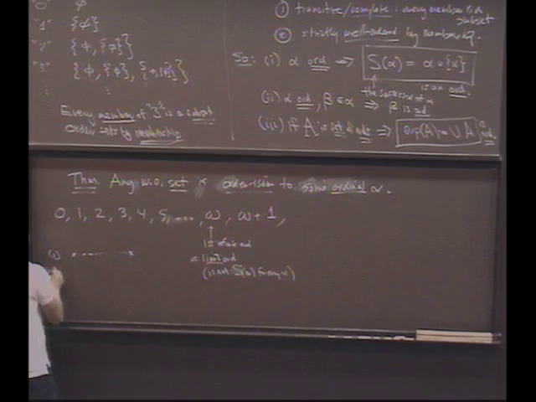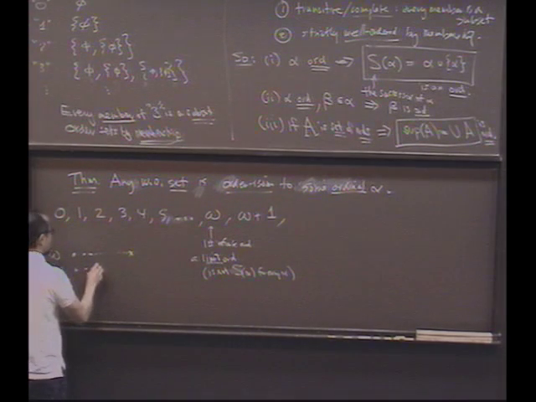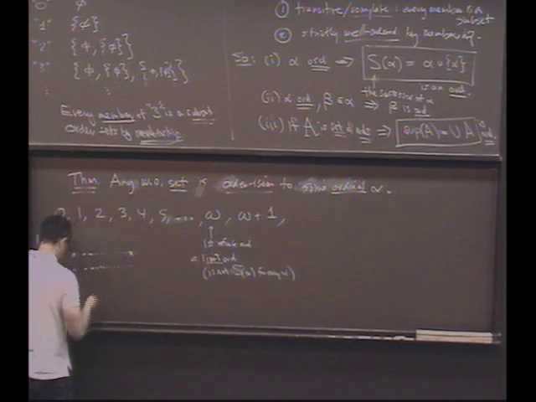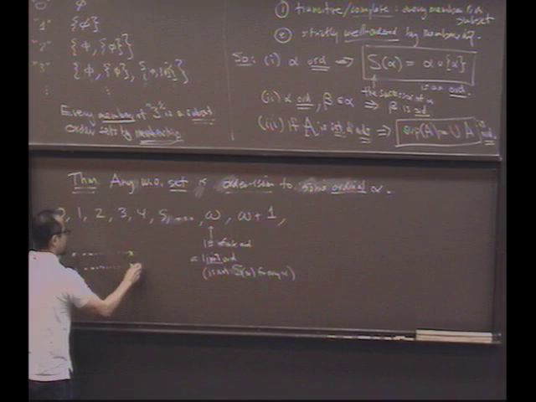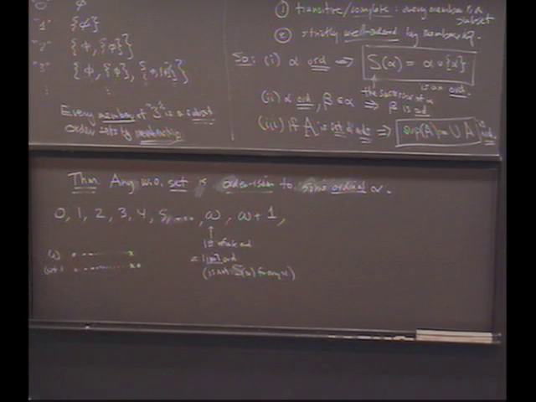And the picture of omega plus 1 is this thing with one more thing. Well, I guess my question is, if they're both countable, then they have the same cardinality. So it's hard for me to intuit how they can be different.